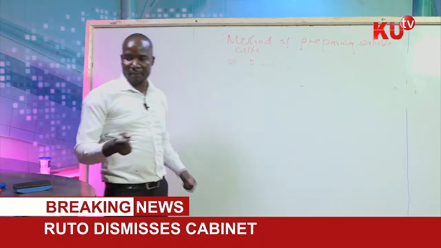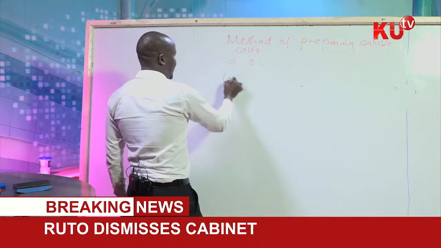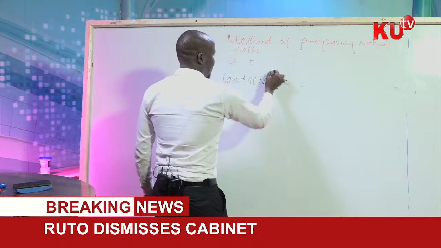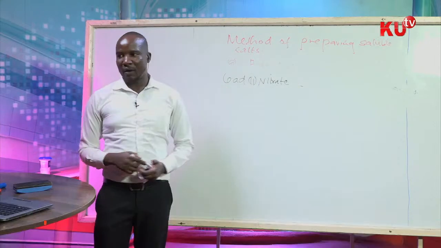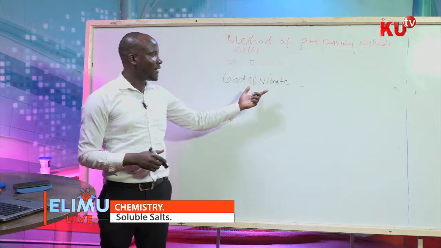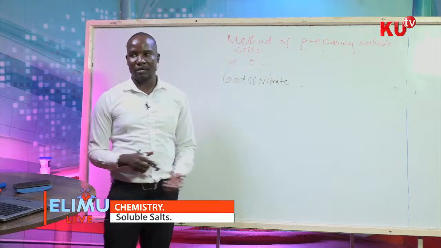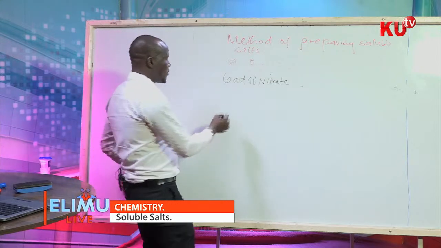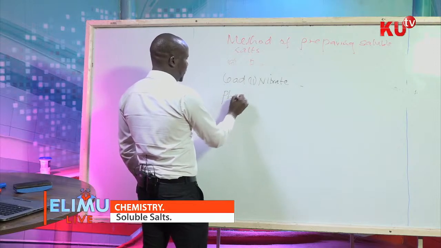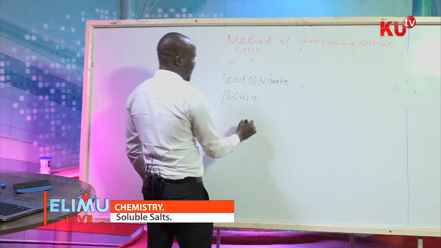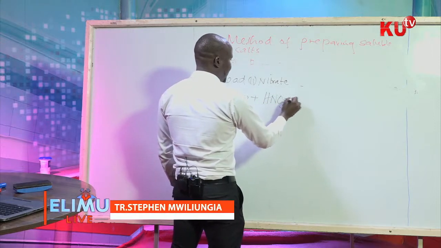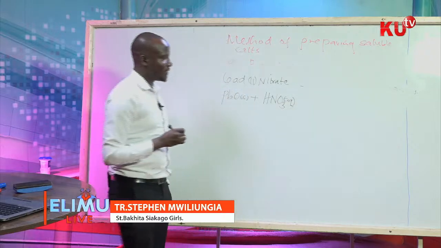I write for you one chemical equation for the reaction between lead oxide and dilute nitric acid. For instance, the insoluble base, we have lead oxide solid plus dilute nitric acid.